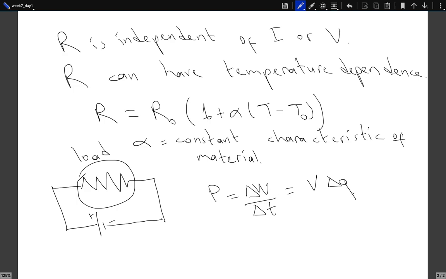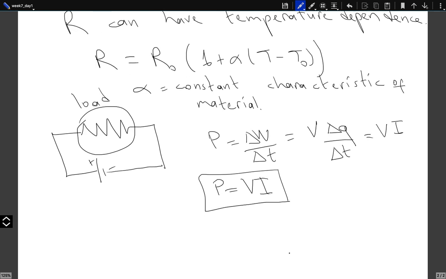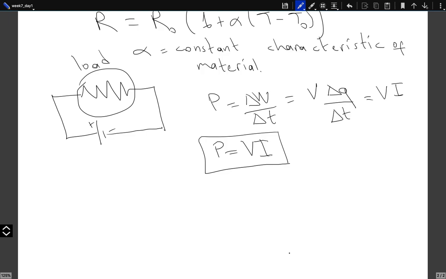And if we want to calculate the power, this is done in a time delta T. So what is this? That's nothing but the current. So this is the power. And this is valid whatever the system is.